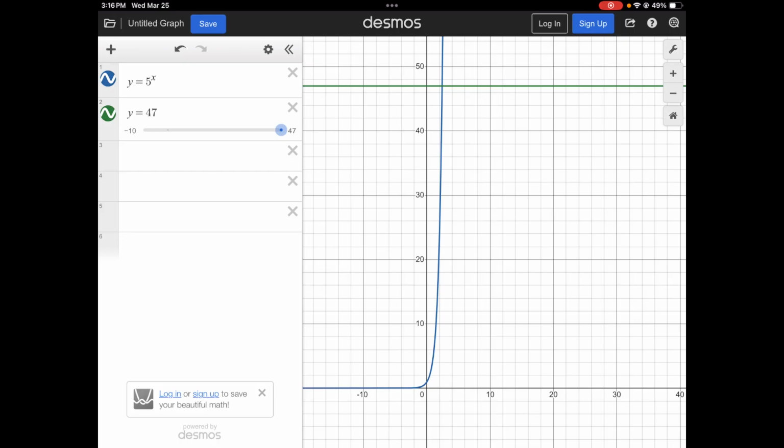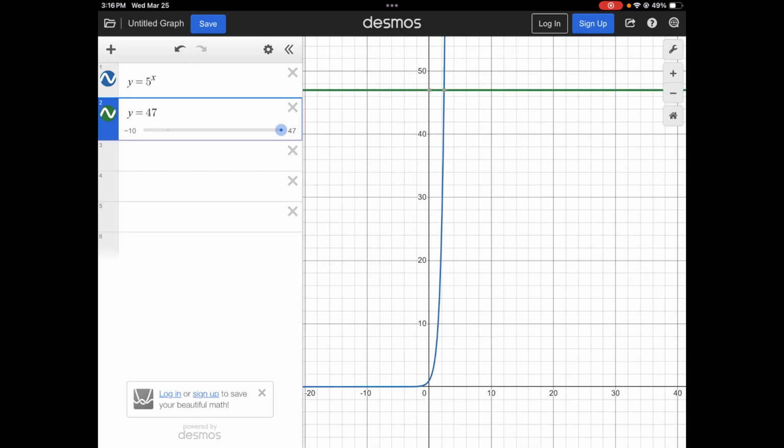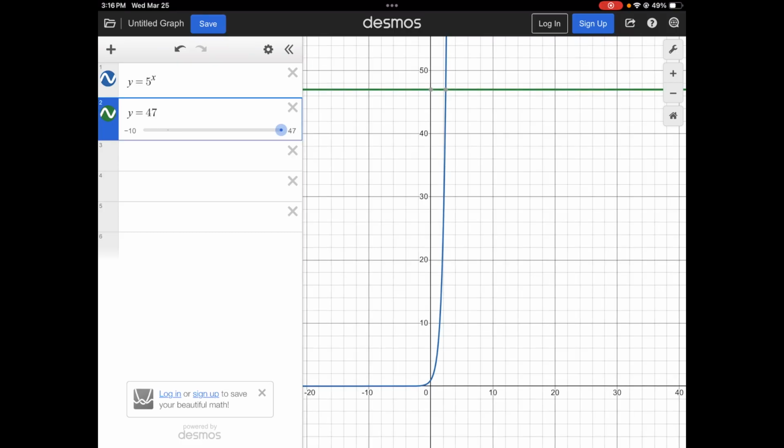So this is the graph of y equals 5 to the x. And if I look at where it intersects, okay, we get 2.3922, 47. So indeed, we got it right. Let me take a photo of this.